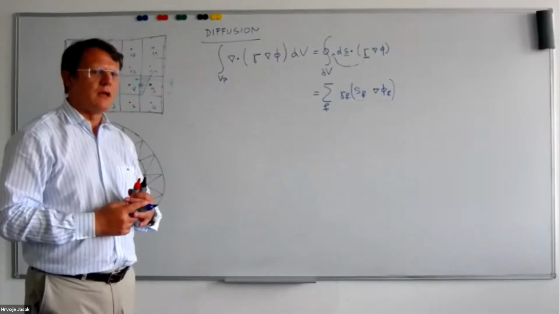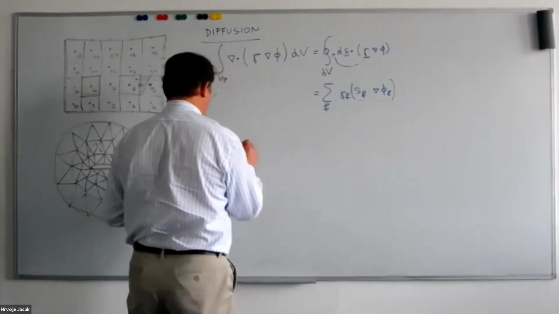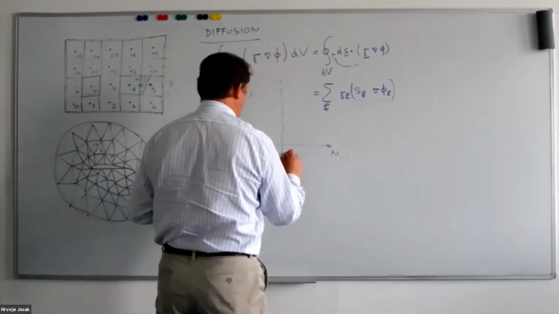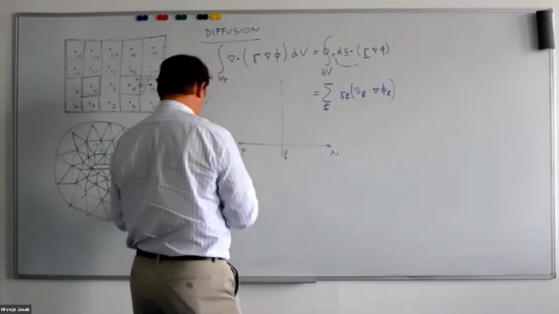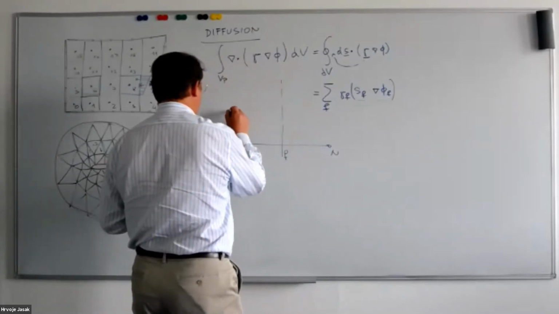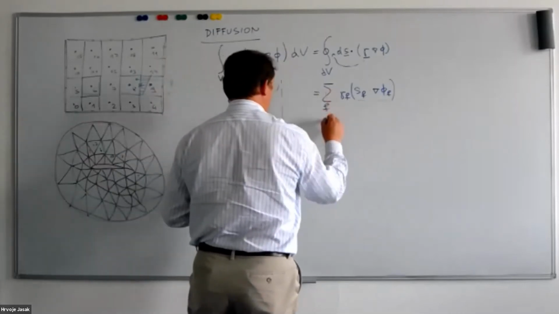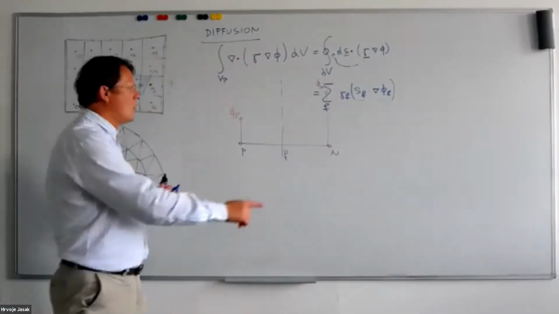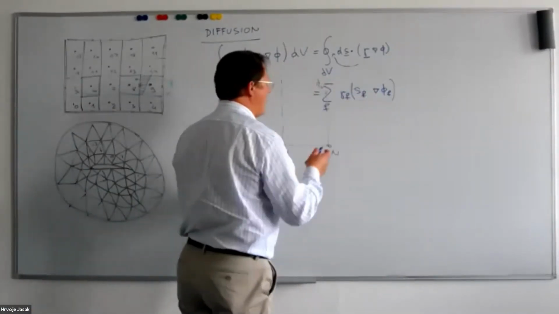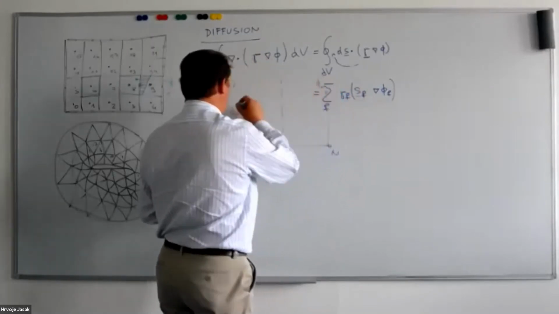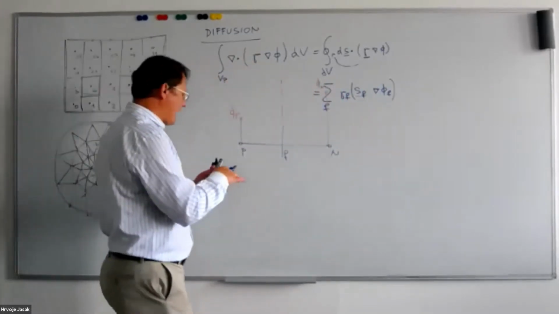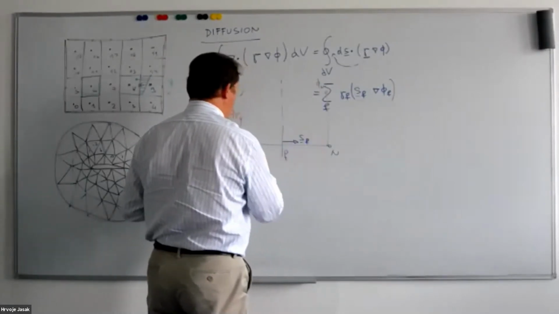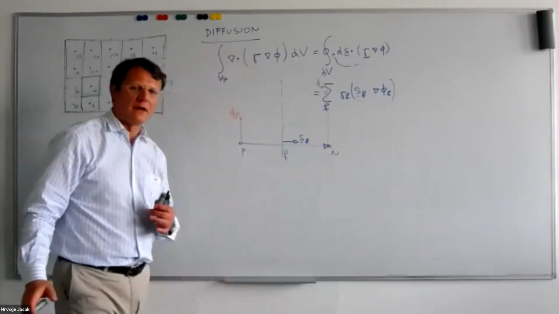So let us jump into a one-dimensional situation where I have a point P, I have a point N, I have a face between P and N, and I know the values of phi P and phi N. The question is, what is the gradient of my variable phi, of which I know phi P and phi N, in the direction of the face area vector, which is parallel with the PN vector?